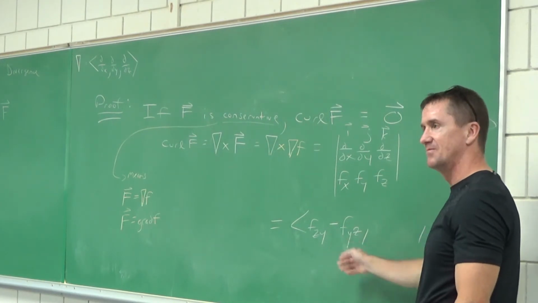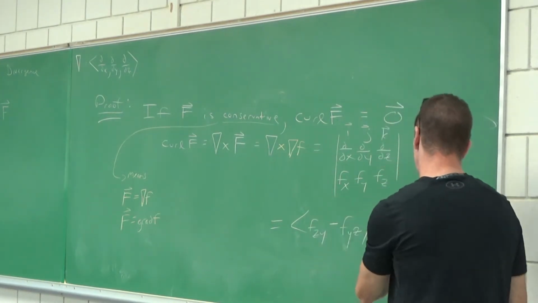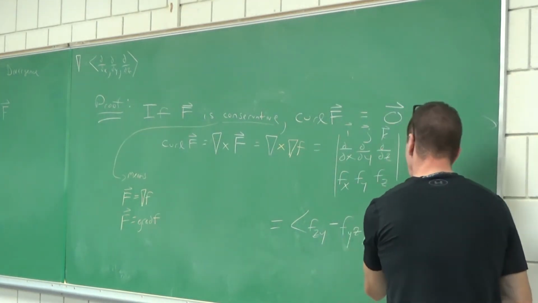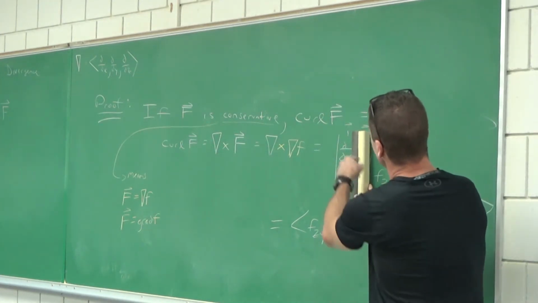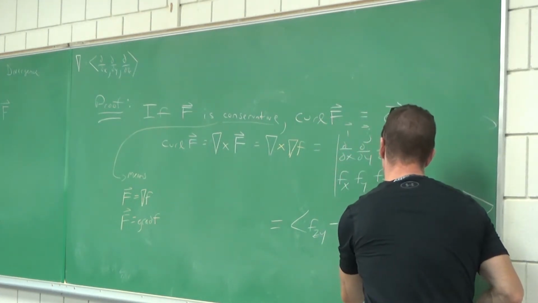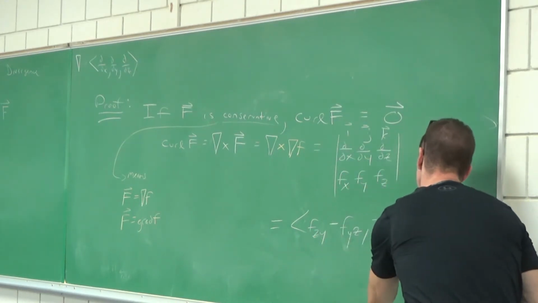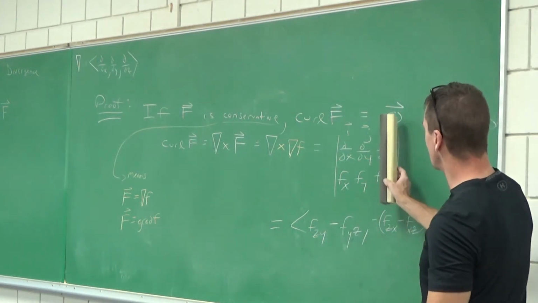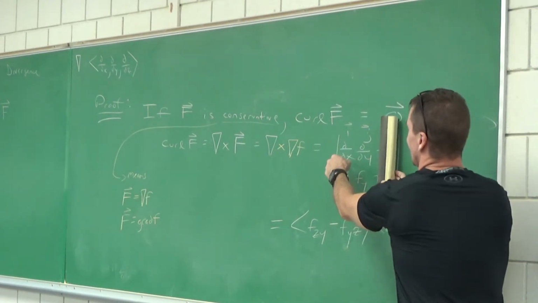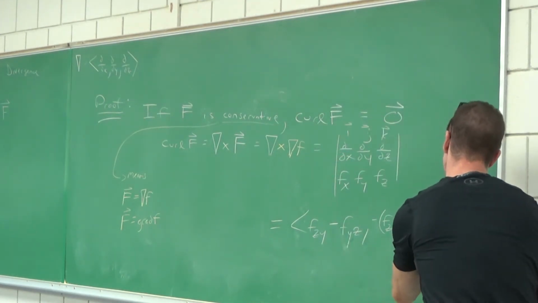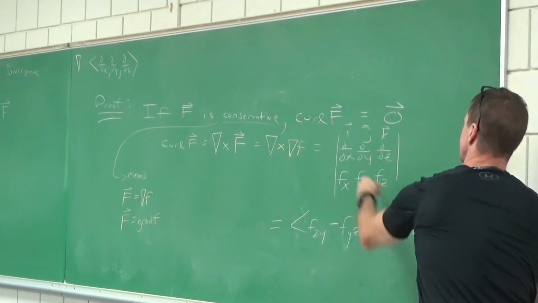So that's 0. Watch what happens in the middle. It's just going to continue, everyone. You ready? Wipe this out. f_zx minus f_xz. And down in the third component, look what you get: f_yx minus f_xy.